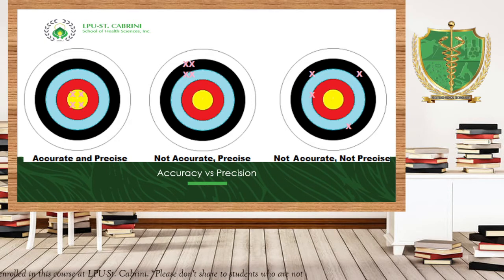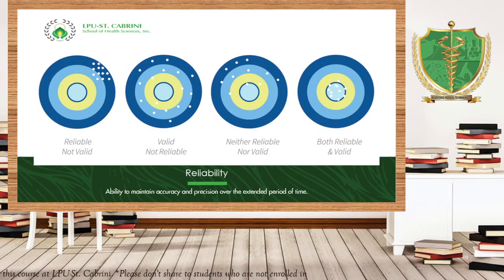Now, how about reliability? If accuracy is the closeness of the assayed value to the true value, and precision is the closeness of the assayed values to one another, reliability is the ability to maintain accuracy and precision over extended periods of time. It is not that you only have reliable results every time you perform quality control, or only when there is a national external quality assurance scheme.